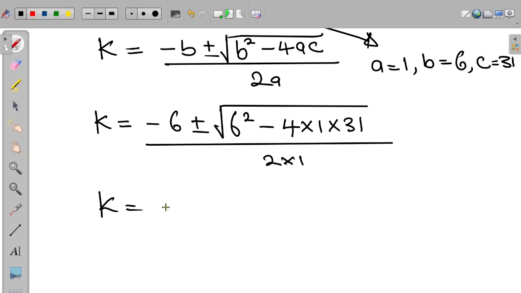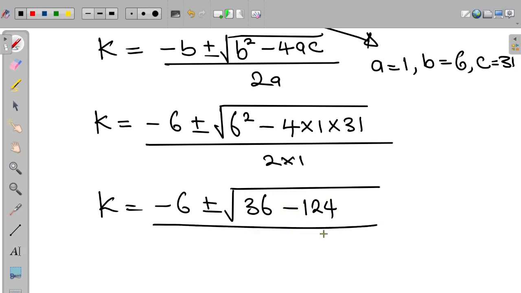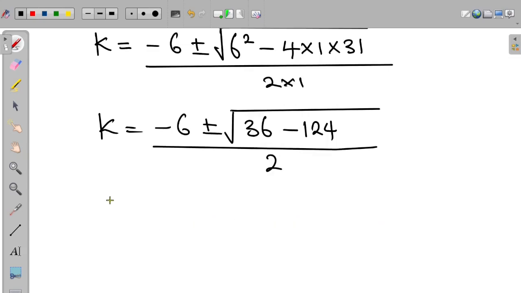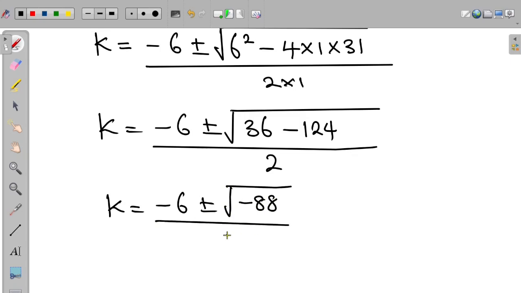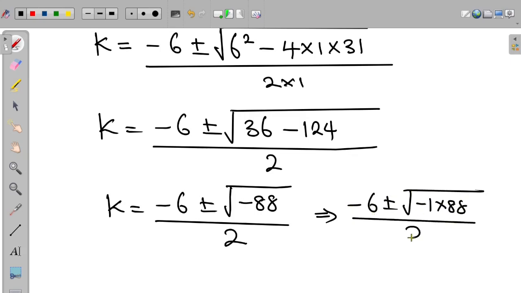So k is equal to minus 6 plus or minus root of 6 squared is 36 minus 4 times 1 is 4 and 4 times 31 is 124, divided by 2 times 1 is 2. So we have that k is equal to minus 6 plus or minus root of minus 88 divided by 2. And this can further be expressed as minus 6 plus or minus root of minus 1 times 88 divided by 2.